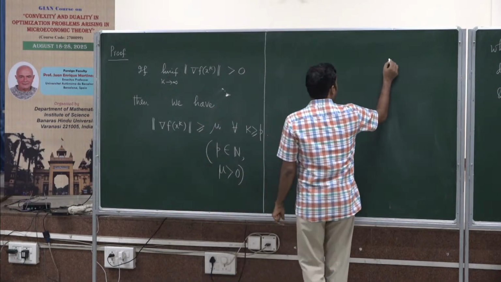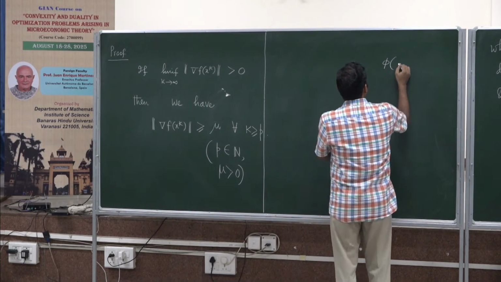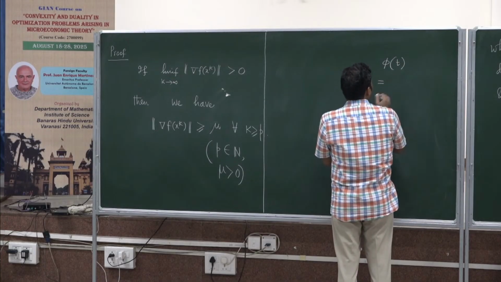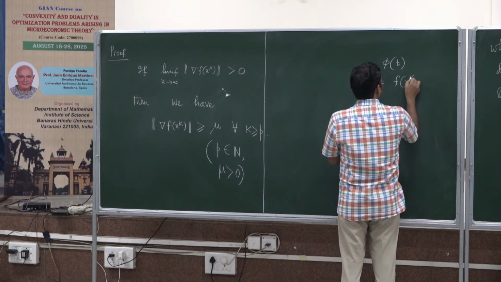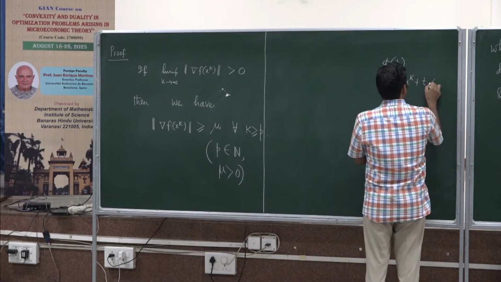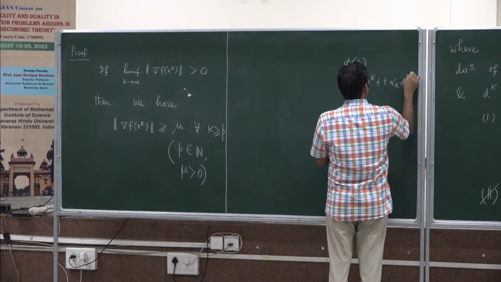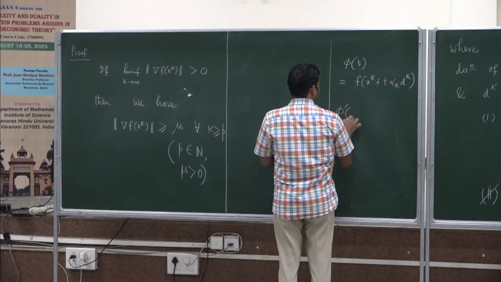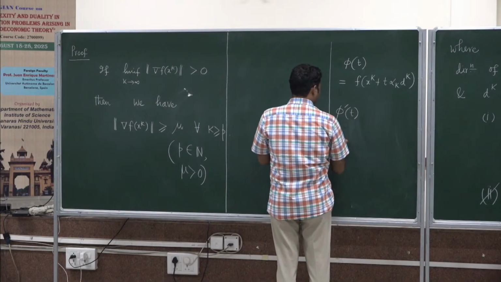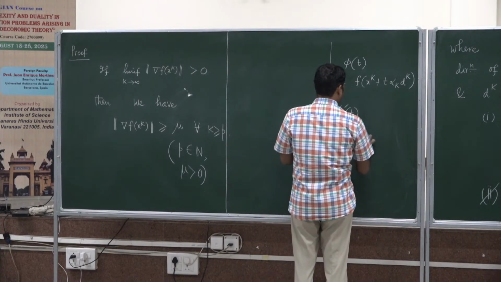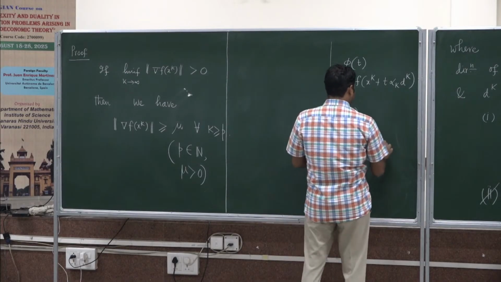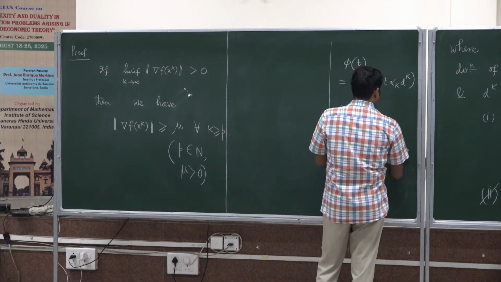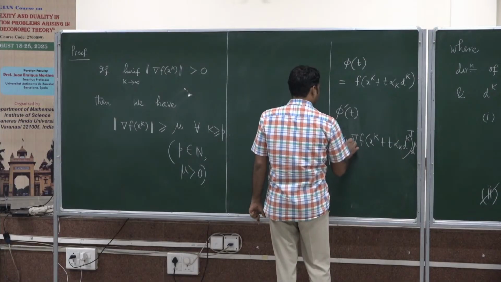If I construct a function phi of t given by f of xk plus t alpha k dk, an auxiliary function, then phi dash t is equal to gradient of f at xk plus t alpha k dk transpose dk times this alpha k, right?